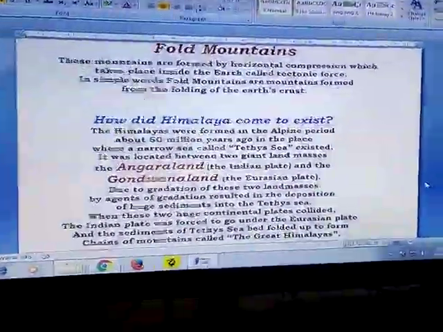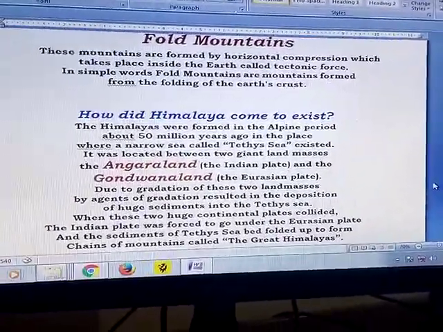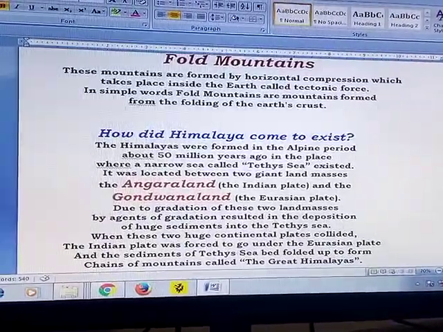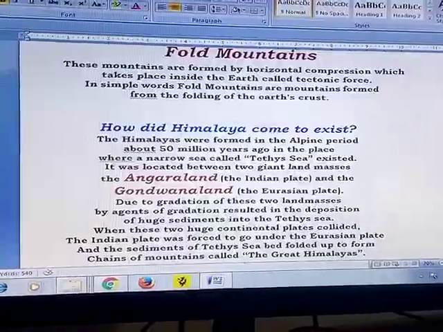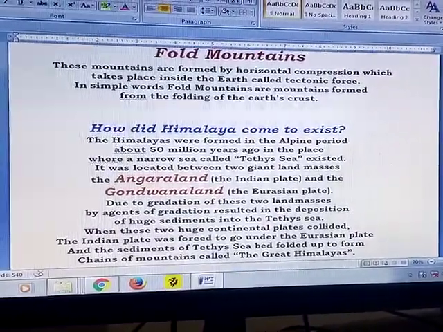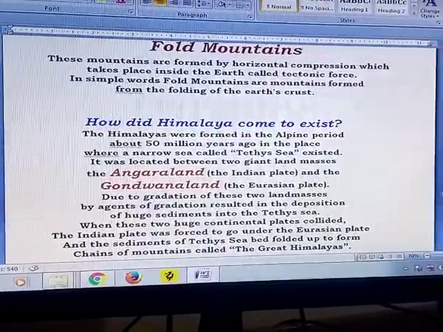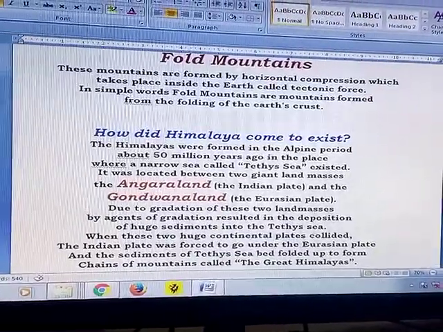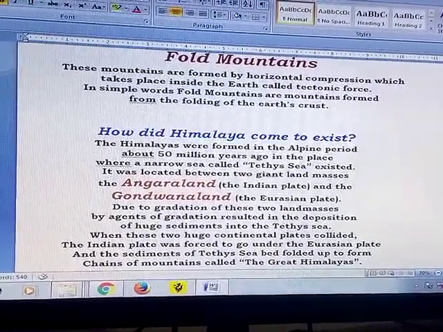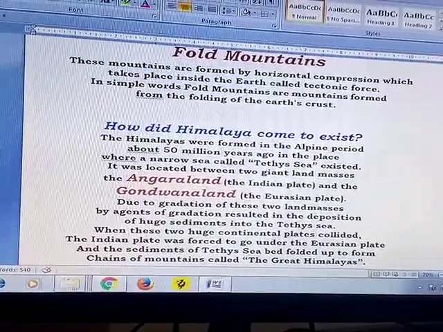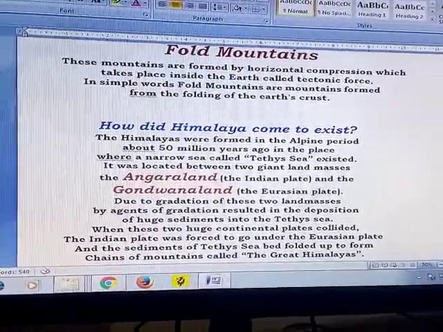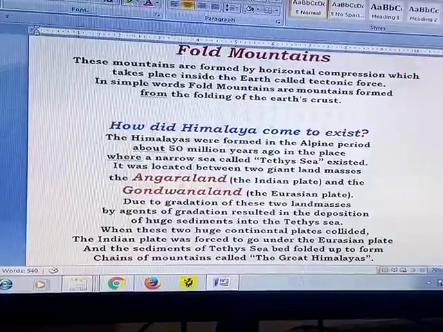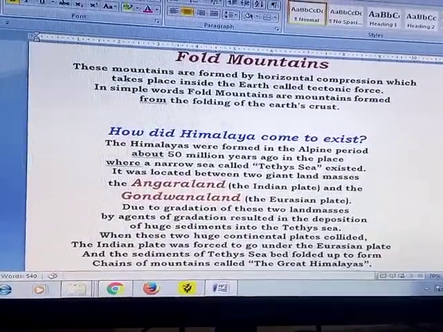Now, what are called fold mountains? These mountains are formed by the horizontal compression which takes place inside the earth, called tectonic force. We said that the earth is never at rest. Constantly some kind of forces are taking place inside the earth, which is mainly called the internal or endogenic force. In simple words, fold mountains are mountains formed from the folding of the earth's crust when two huge plates collided with each other.